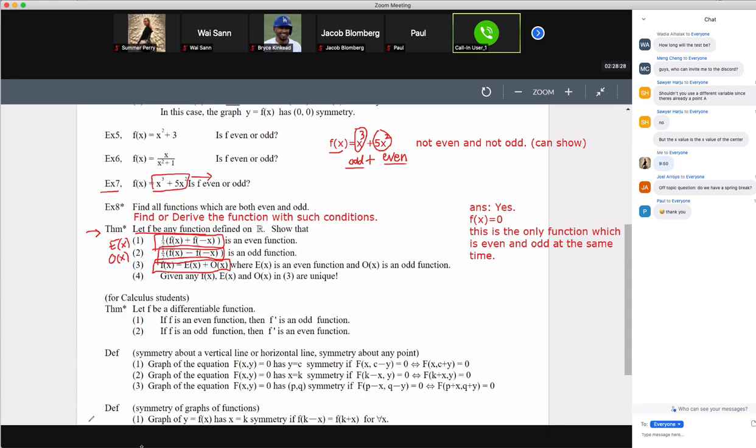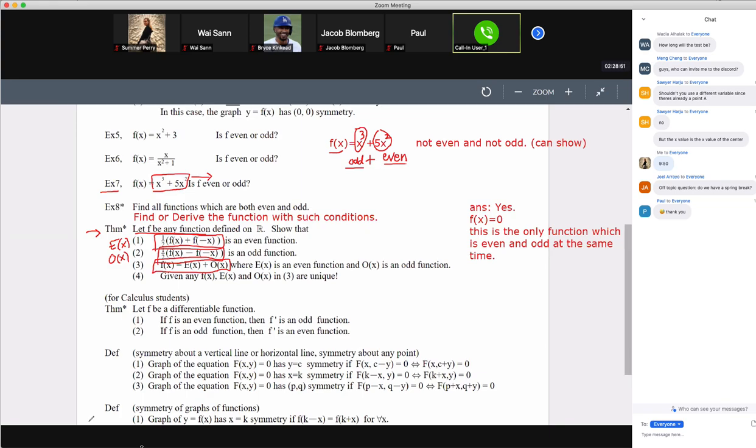It turns out that virtually 99.99% of the functions out there are not even and not odd, but what is true is that every function is a sum of an even and an odd function. That is always true.